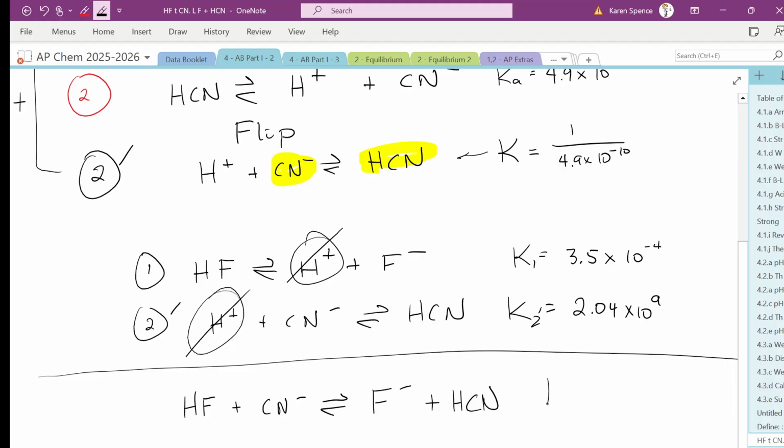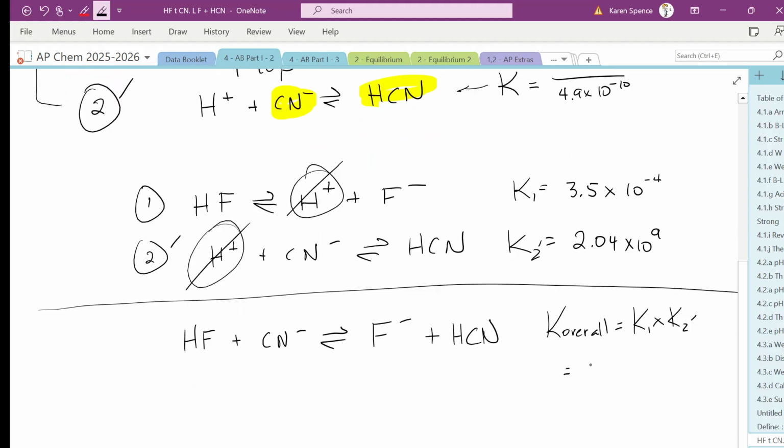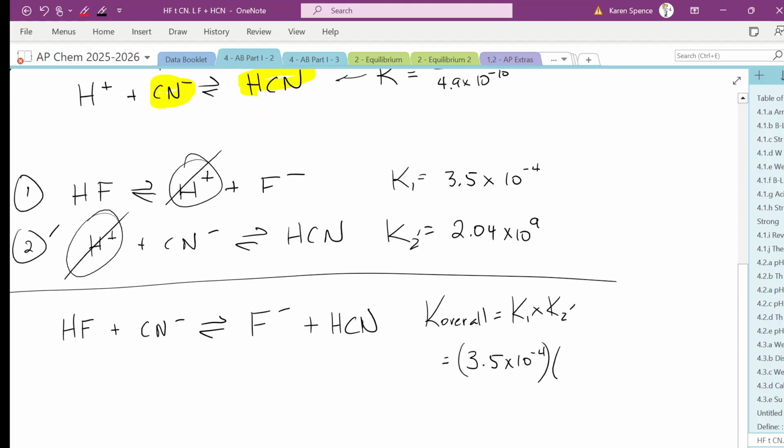K overall is equal to K1 times K2 prime, which is 3.5 times 10 to the minus 4 times 2.04 times 10 to the 9. This is why we're doing this, right? Because the more times you see things, the more likely you are to remember it.